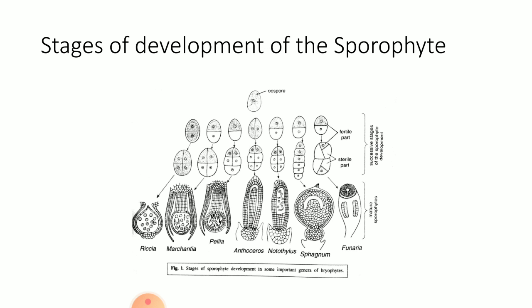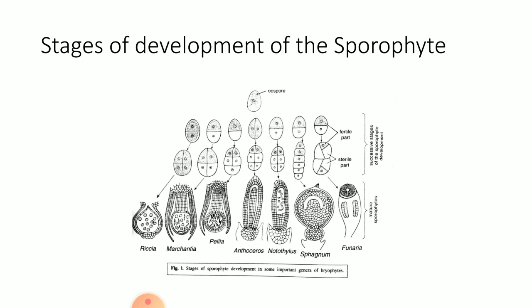Now, these are the stages of development of the sporophyte in some important members. What is the structure of the sporophyte in Riccia? Here, the zygote after fertilization increases in size and undergoes a single division, forming a two-celled embryo.